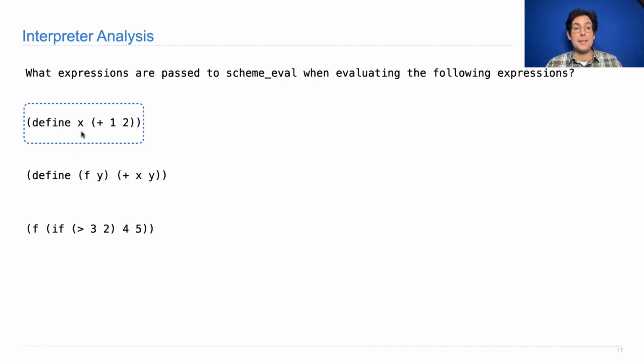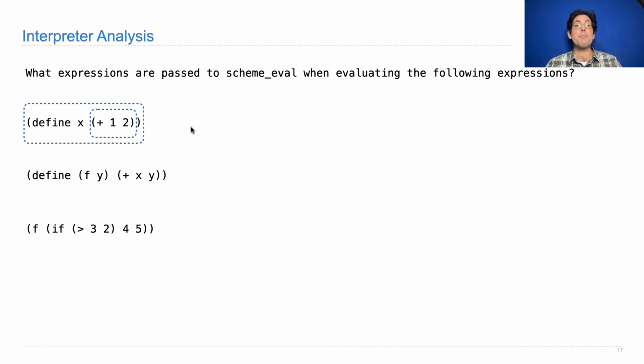Defining a symbol doesn't evaluate the symbol, which may not have a value yet at all, but does evaluate the expression after the symbol. And so the next thing that's passed to scheme eval is this other smaller combination consisting of plus 1, 2. This is not a special form. It's a regular call expression.